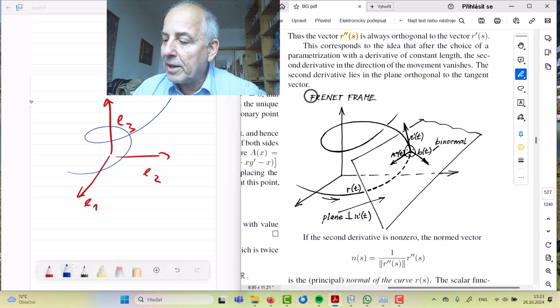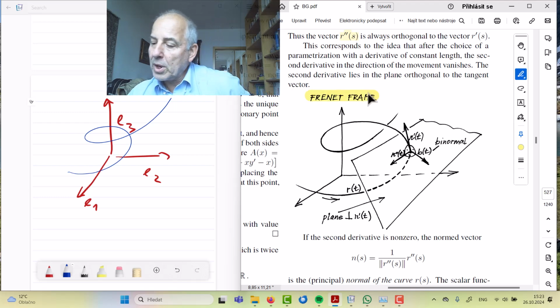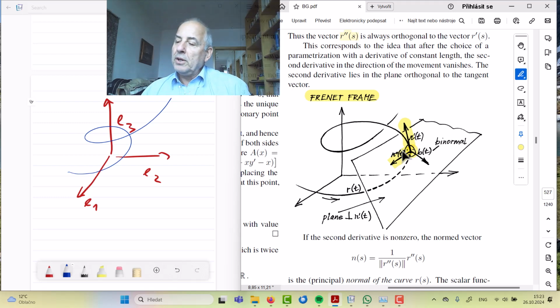So this is what's told here, and that's the first thing we do when building the so-called Frenet frame. I fix a point here, and I have the velocity vector, that's this one, and I have the perpendicular second vector. And then there is the vector product of those two, which will be perpendicular to those, and this is the so-called binormal vector, right?